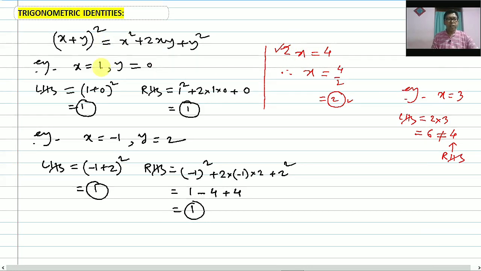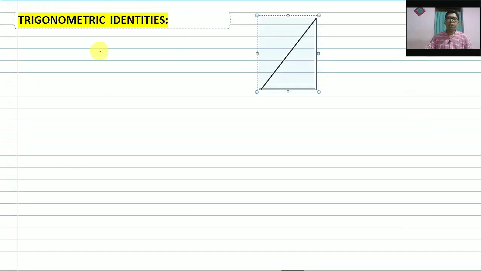Similarly, an equation involving trigonometric ratios of an angle is called a trigonometric identity if it is true for all values of the angles involved. So we start the trigonometric identities. Let us consider the triangle ABC, right angled at B. Let us consider the side measures to be P, Q, and R units.